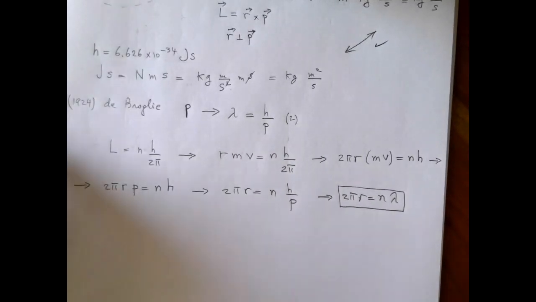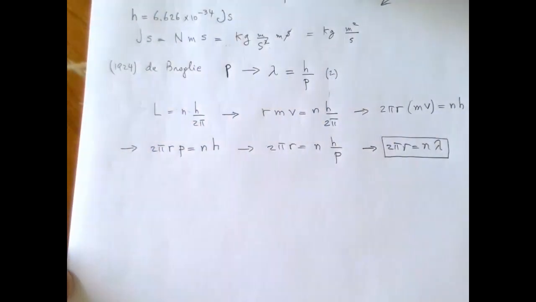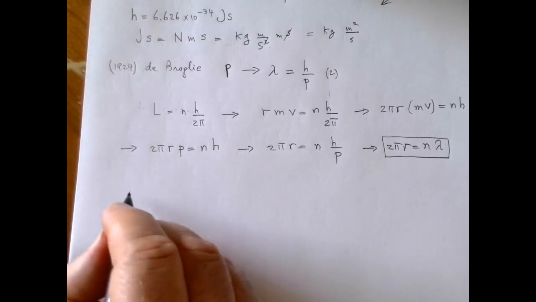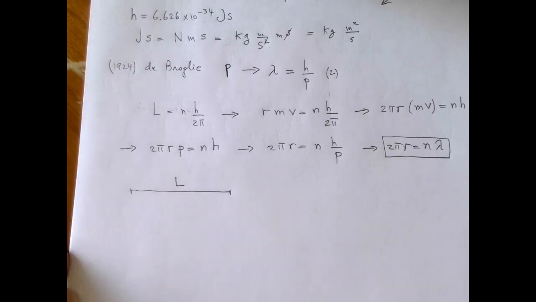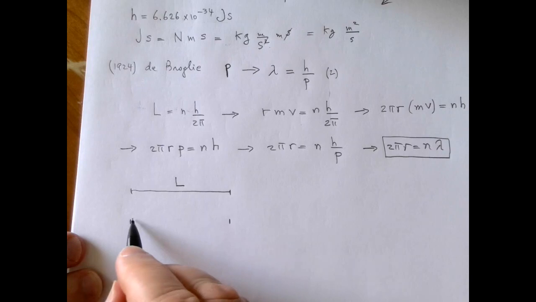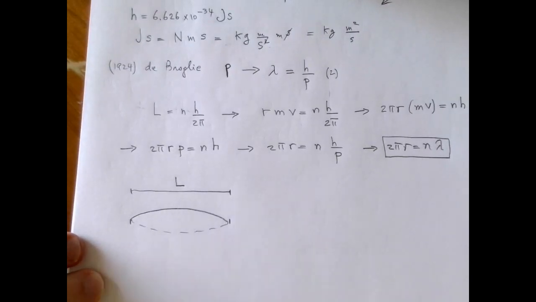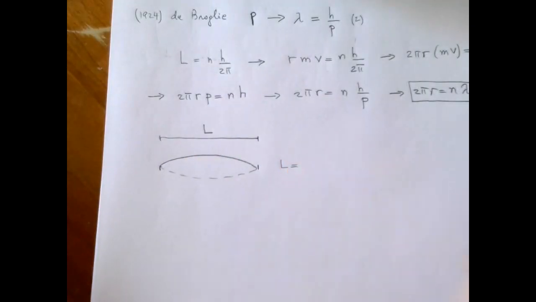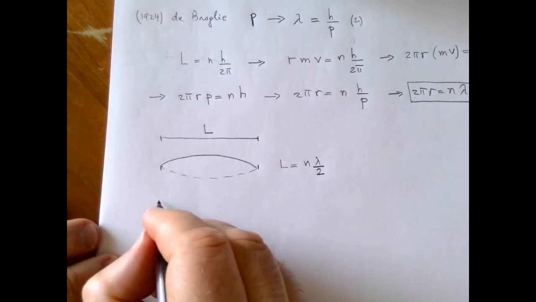What does this mean? This reminds us of standing waves, for example, on a string. Remember, we had a string of length L, and if we had standing waves on this string, the fundamental looked like this. The vibration of the string was like this, and in this case we said that the length L is equal to half lambda.